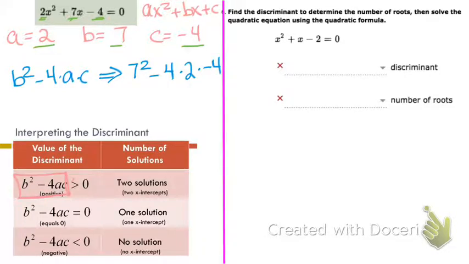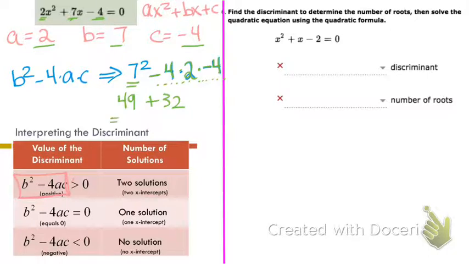So all you need to do now is simplify this. 7 squared is 7 times 7, which is 49. And then minus 4 times 2 times negative 4. So negative 4 times 2 is negative 8, times negative 4 is positive 32.